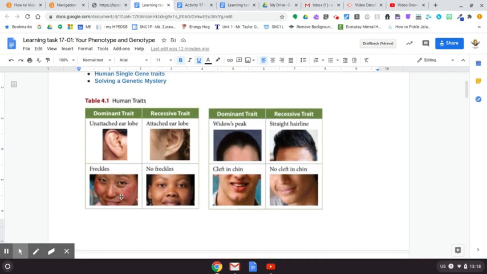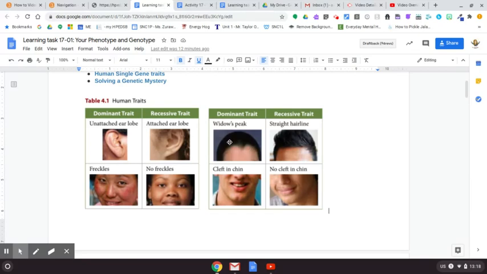Same thing with freckles. If you have freckles, they're the dominant trait. So either both parents gave you a big F, we'll say, or one parent gave you a big F and the other parent gave you a little f. So no freckles has to be two little f's because it's recessive.